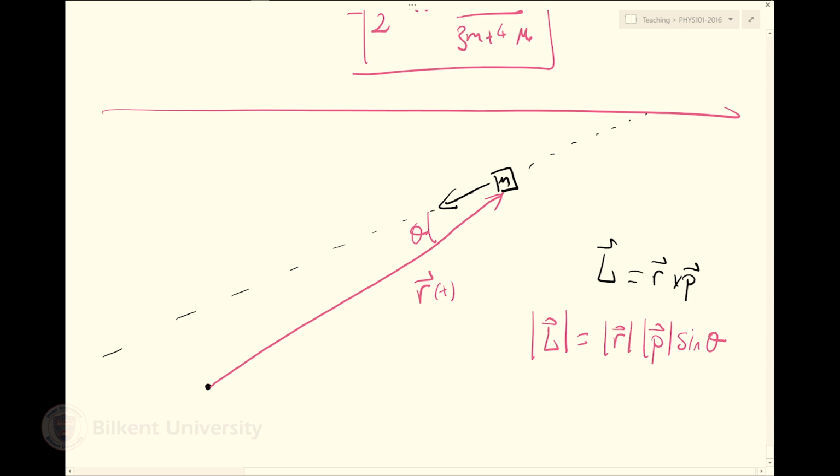Now, R is changing with time. R magnitude is changing with time. Theta is changing with time. So, for example, a moment later, my R vector will be this. P is going to stay the same. But now my theta has changed.